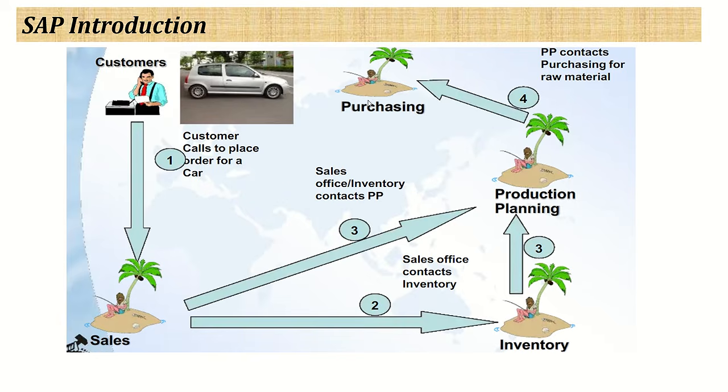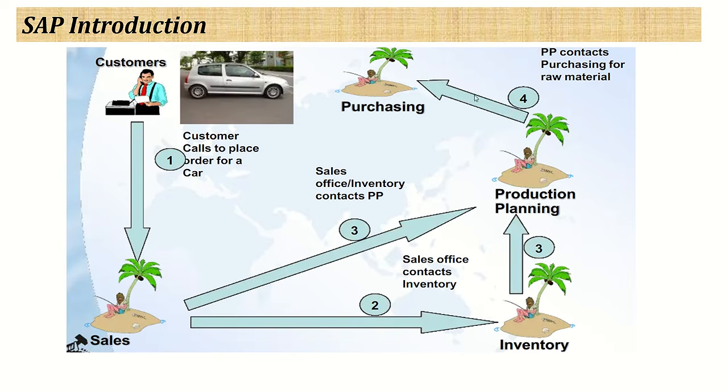So the purchasing department places the order to the vendors, and once the production department gets all the raw material, finished good material, and semi-finished material, they manufacture that car. After that, the final product can be seen in the inventory, and then the sales department can deliver that product to the customer. So this all works in an integrated way.